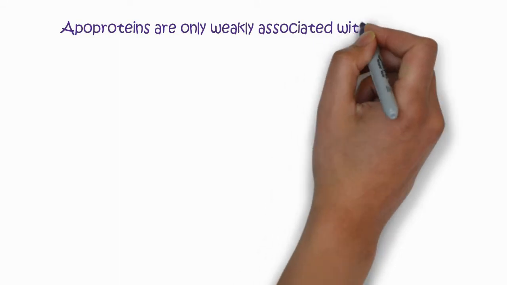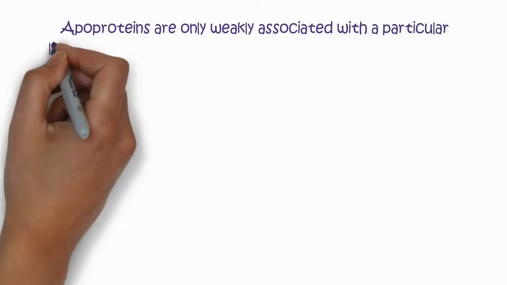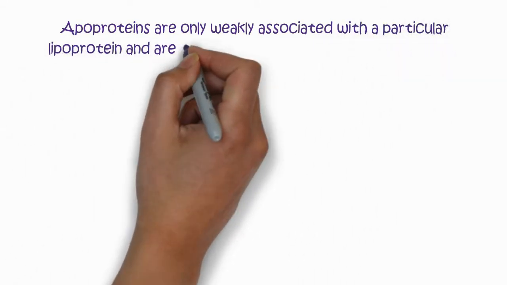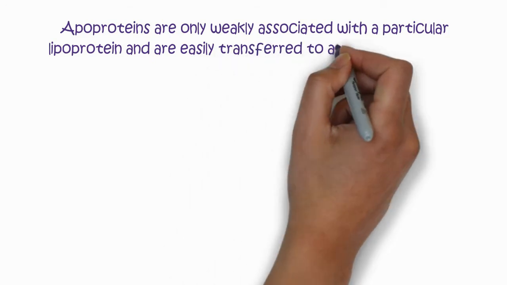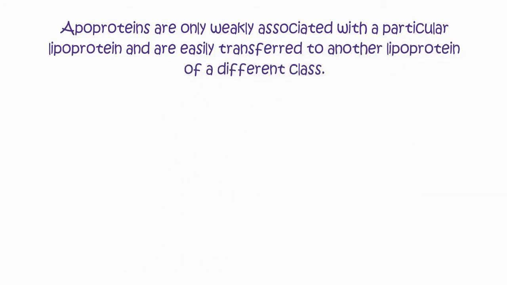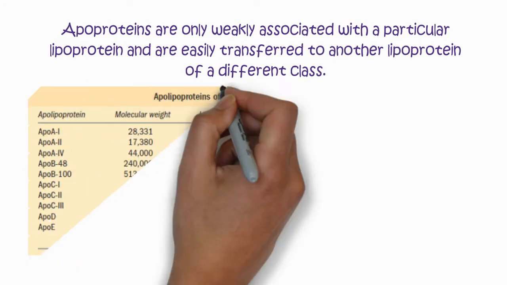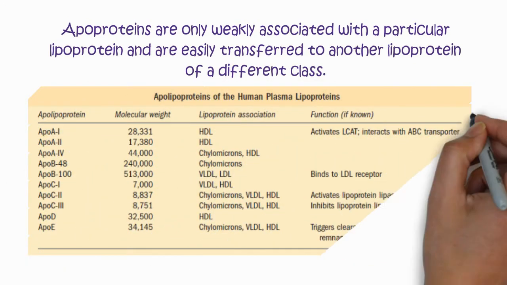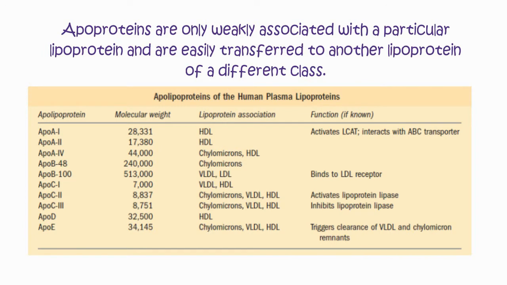The proteins present in the lipoproteins are called apolipoproteins, which are weakly associated with a particular lipoprotein and are easily transferred to another lipoprotein of a different class. In this table, you can see different classes of lipoproteins.